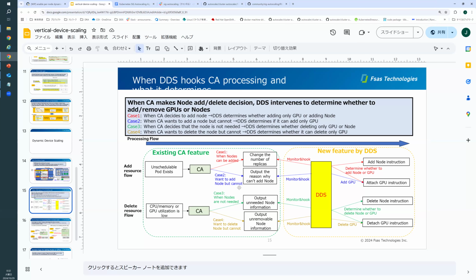Okay. Regarding expander, I have a question. Can we use expander regarding the deletion case? So expander is specifically an interface used to pick which scale out to do, so it's not involved in deletion. Okay, I understand.